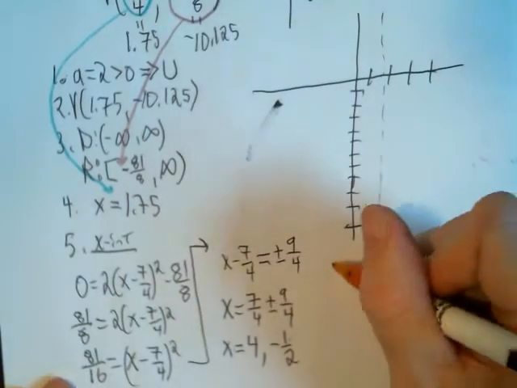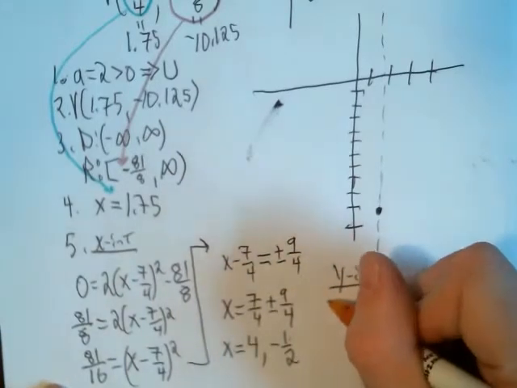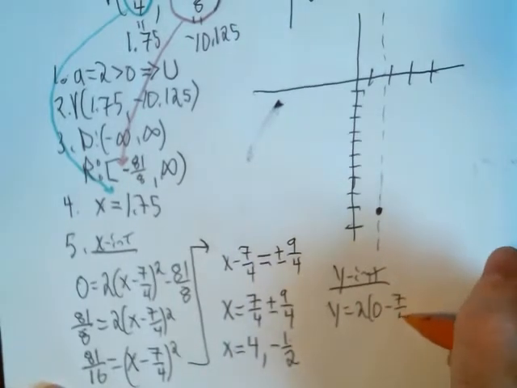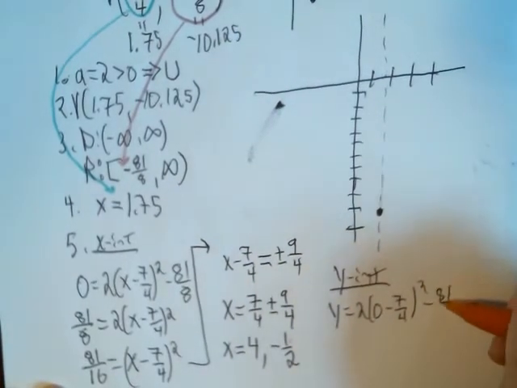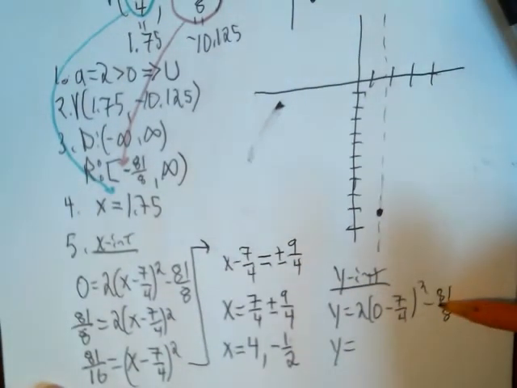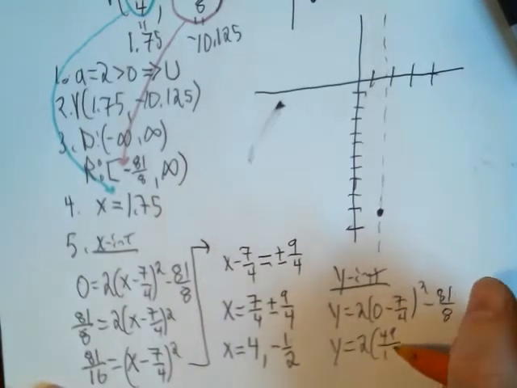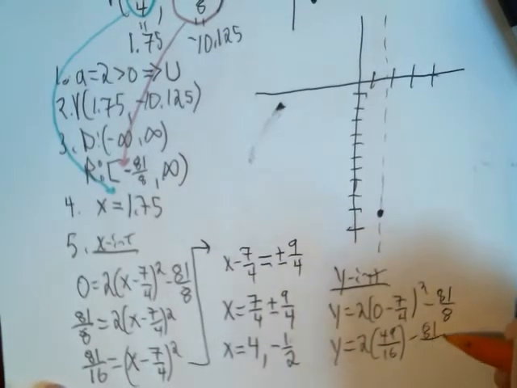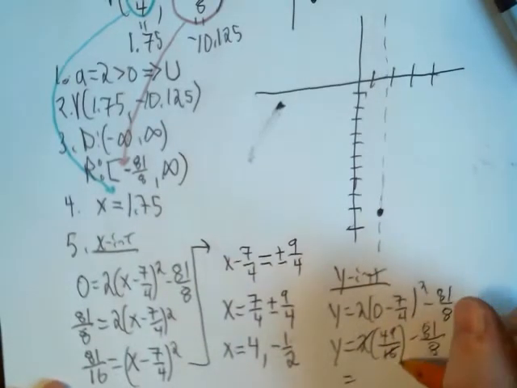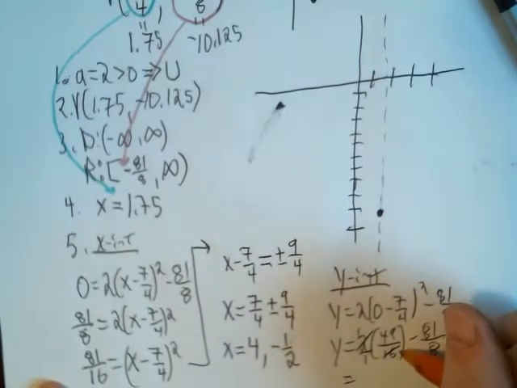Okay. For the y-intercept then, you let x equal 0. So y equals 2 times 0 minus 7/4 squared minus 81/8. Okay. So y will equal negative 7/4 squared is 49/16 minus 81/8. 2 times this, the 2 will go, 2 goes in the 2 1 time, and then 2 goes in the 16 8 times.